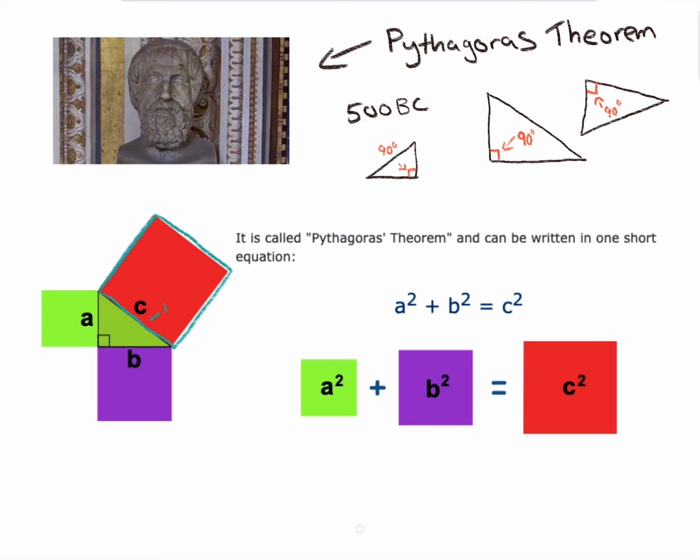So if this was 10 centimeters, this would also be 10, and this would also be 10, and this would also be 10. And B might be 8 centimeters. So this would be 8, this would be 8, this would be 8, and this would be 8. And this one over here, A, might be, for example, 6, 6, 6, and 6.